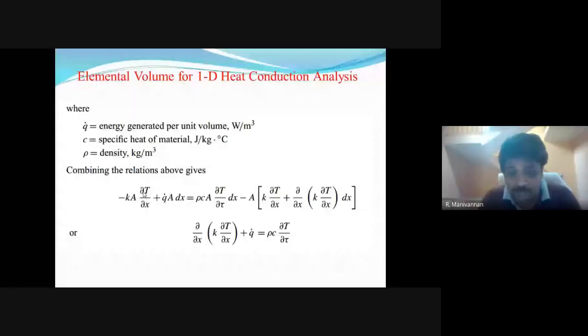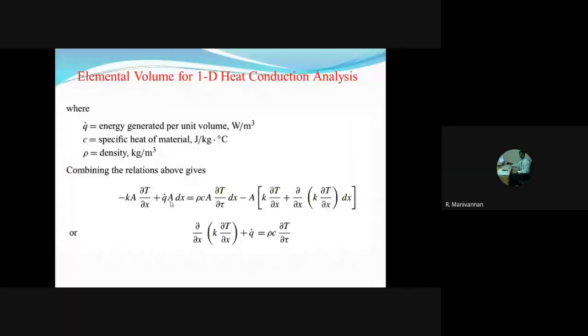Now looking at this equation, the first term, the energy conducted in at the left phase, and the first term of the energy conducted out at the right phase will get cancelled out. We will have only the remaining terms, and in those, A into dx is present in all the terms, which can be cancelled.